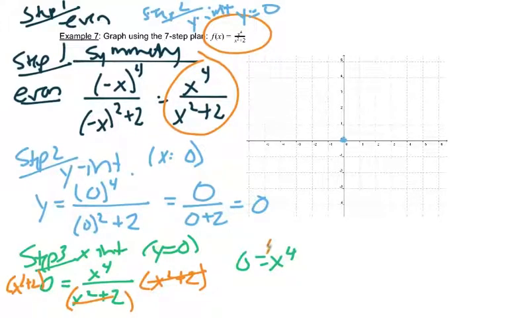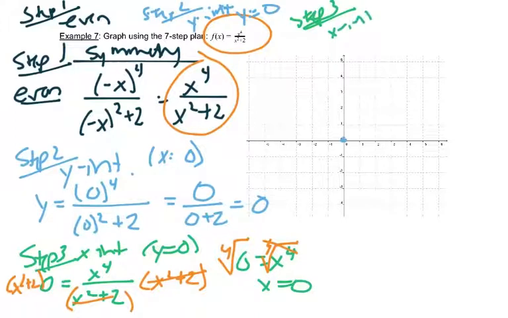And we're really taking a 4th root here, but it's just going to give us x is equal to 0. So our step 3, x-intercept, just told us that x was also equal to 0. So that, again, just gives us that same point right there. So let me clear off some room so we can get our asymptotes going.